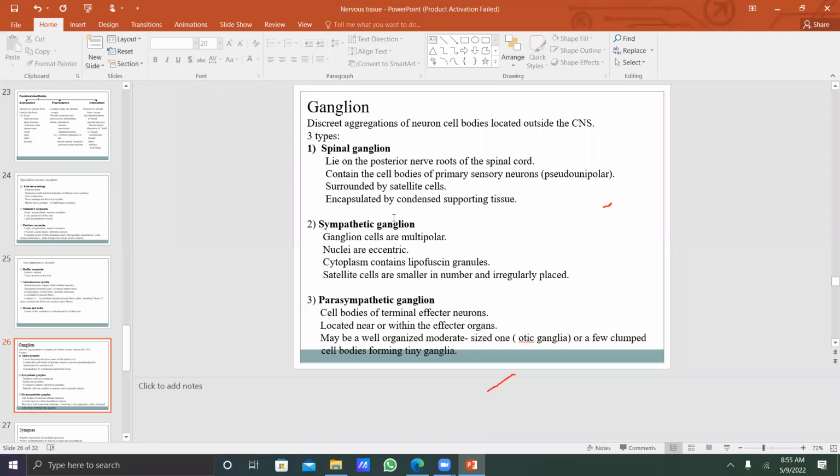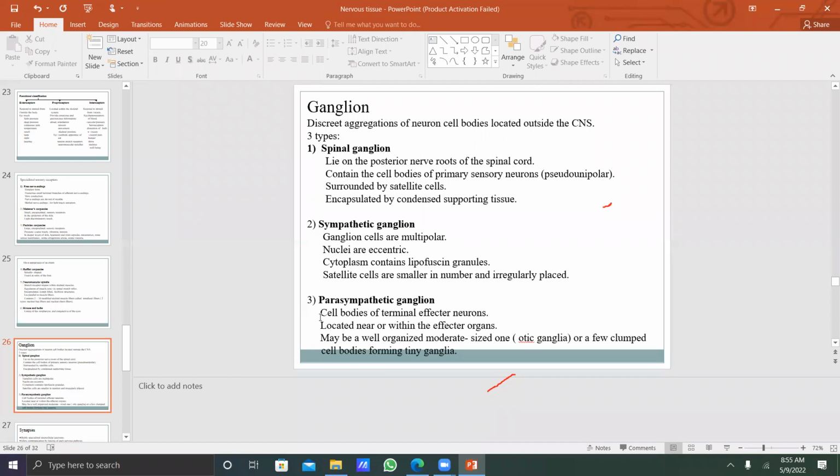And the sympathetic ganglions are the multipolar ganglion cells in the sympathetic nervous system. Their nuclei are eccentric, and the cytoplasm contains lipofuscin granules. The parasympathetic ganglions are the ganglions located near or within the effector organs.